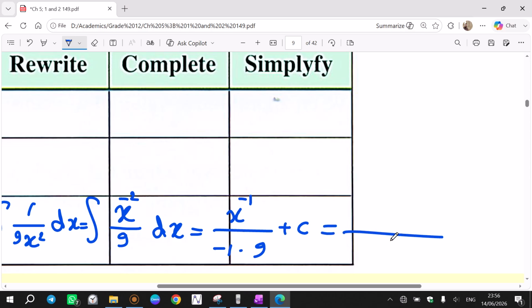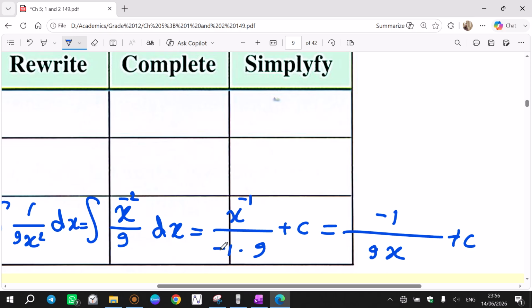X power negative 1 is not simplest form, and having negative in the denominator is not simplest form as well. Then it will be negative 1, 9x in the denominator plus c. X power negative 1 goes down, becomes x power positive 1. The 9 is already down, stays down.